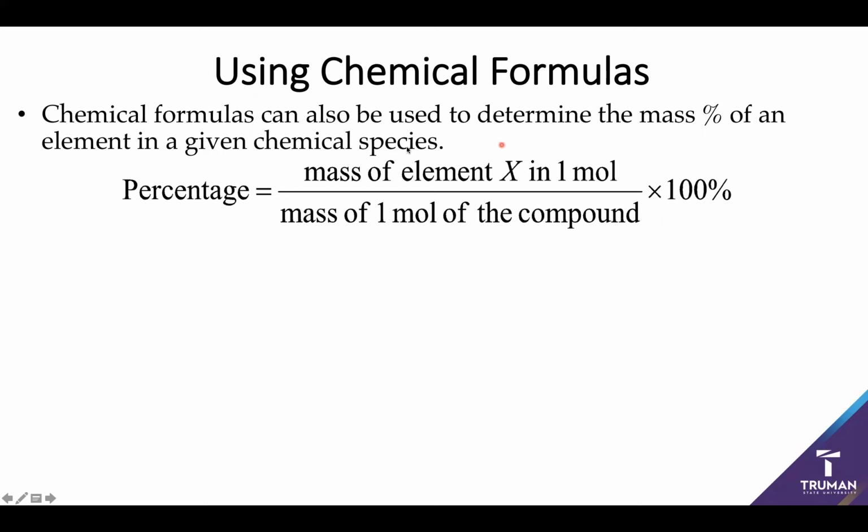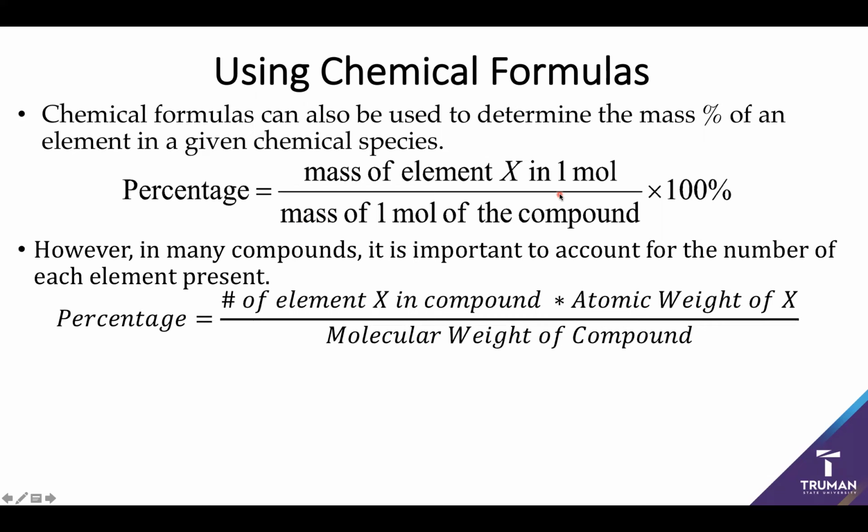Well, we know this one; it's simply the molecular weight of the compound, which we now know how to calculate. The trickier one is the mass of element X in 1 mole, because for a lot of compounds we may have more than one atom of element X in a given species. So we have to pair together the number of atoms of that element and its atomic weight, and we get the total weight of a given element in 1 mole of species.